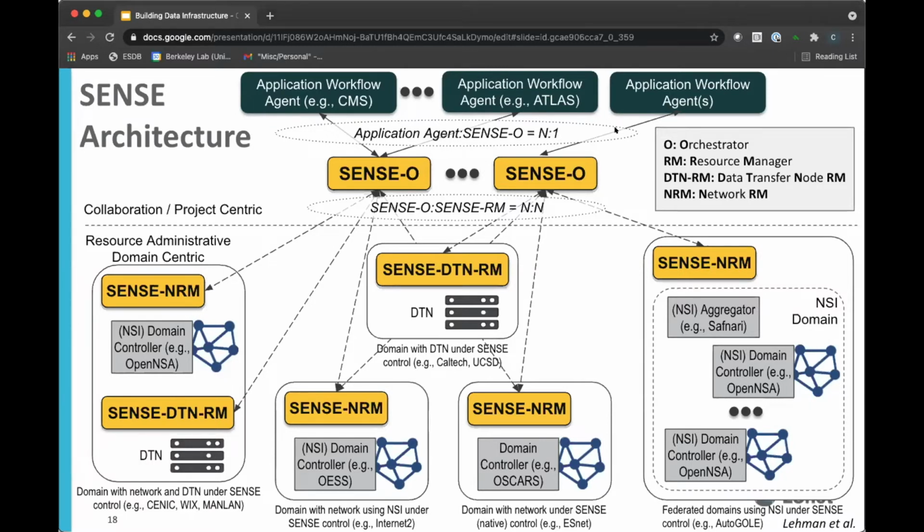On the back end, where the orchestrator talks to the network resource manager, we have a set of standard APIs that we use. Today, we have implemented two different kinds of resource managers. One is a network resource manager, and the other one is a DTN resource manager. So the idea is that based on where your data transfers need to happen, you can coordinate these resources and provide some guarantees in terms of end-to-end.